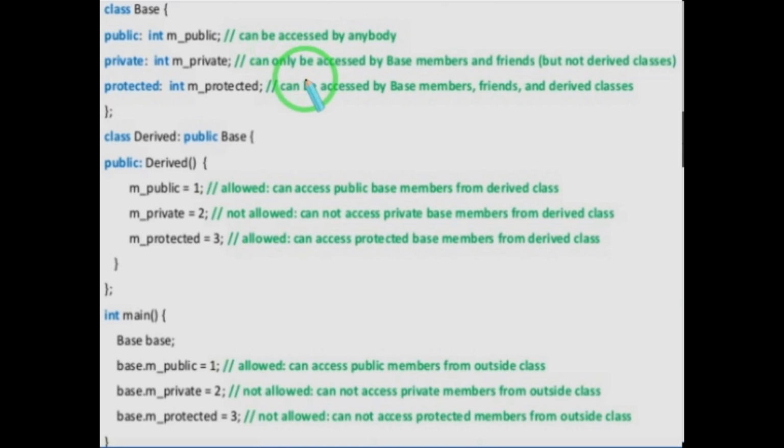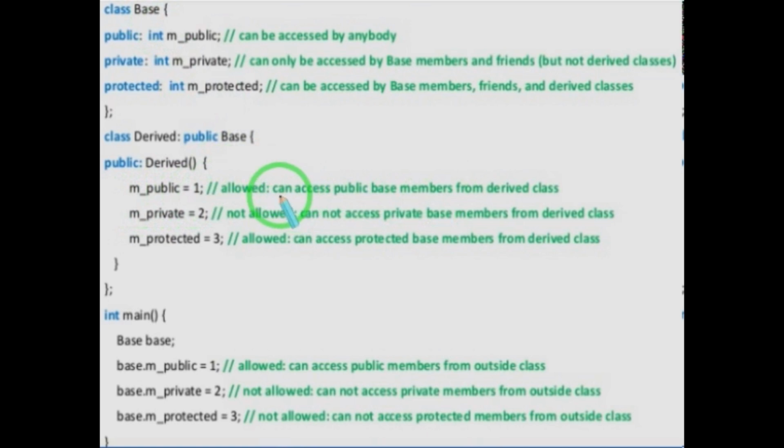So whenever I use this public visibility mode here, derive is a derived class name, base is a base class name. Now m_public is equal to 1.